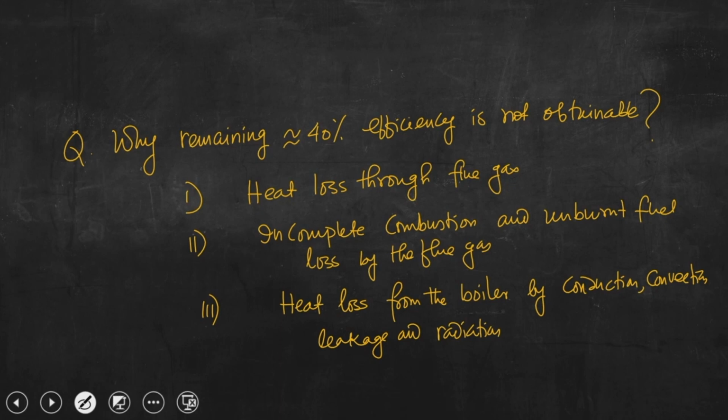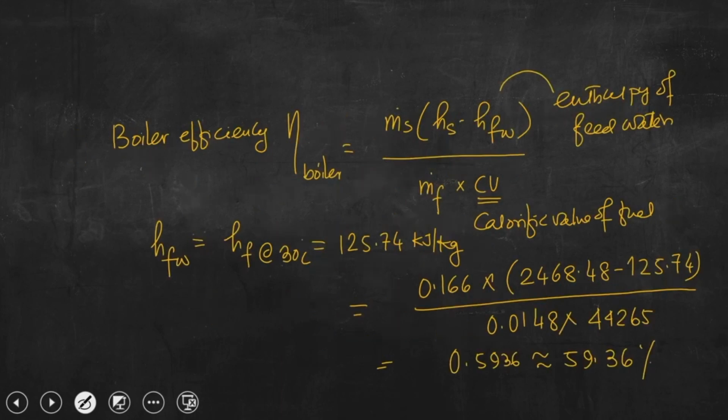Regarding incomplete combustion, if we go to the mathematical formula of the efficiency, we are multiplying the mass flow rate of fuel with the calorific value of the fuel. So, if a certain amount of fuel is not taking part in the combustion, then that would be a loss of energy.